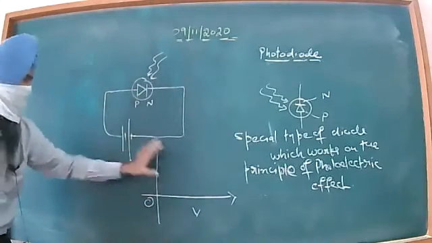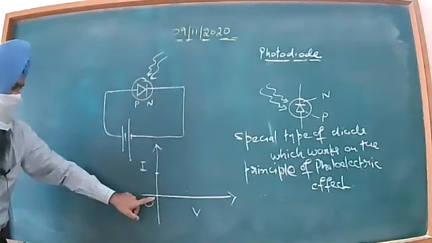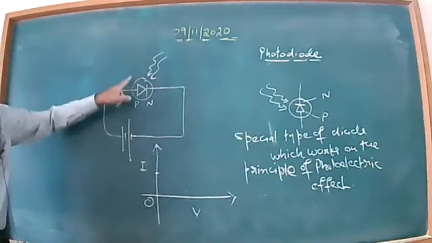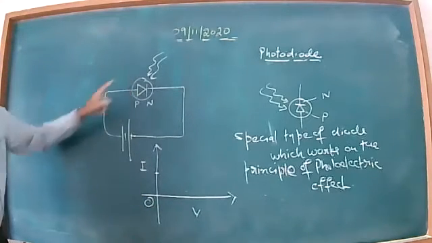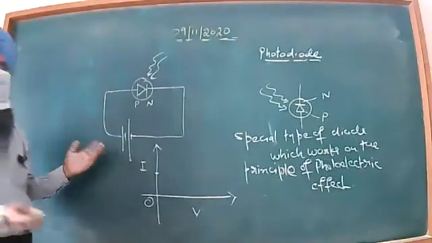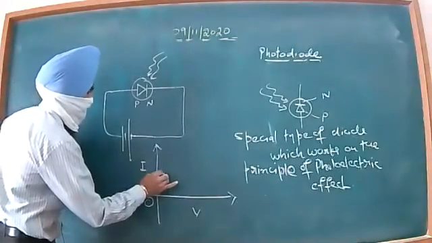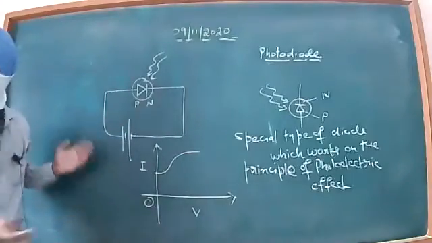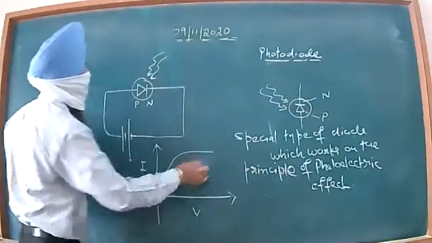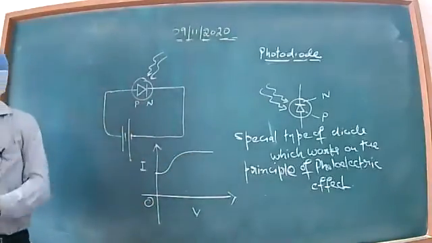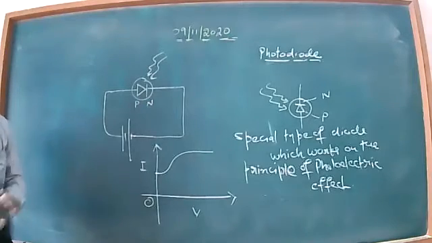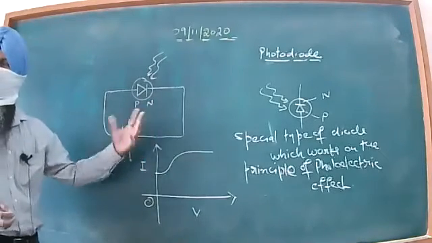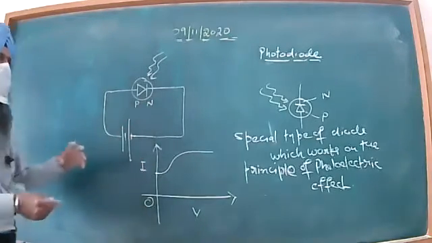Suppose the voltage is not applied, the voltage is 0 according to this graph. Even then we get the electric current, or when the voltage will be there, current will also be there, light will be there, then the graph will be of this type. It will keep on increasing, and after some time it will reach some saturation value. Beyond that it can't go, beta. So in this manner you can also have it worked in the reverse way also.